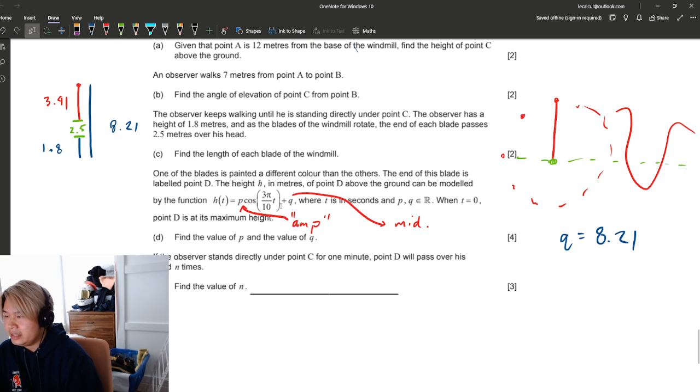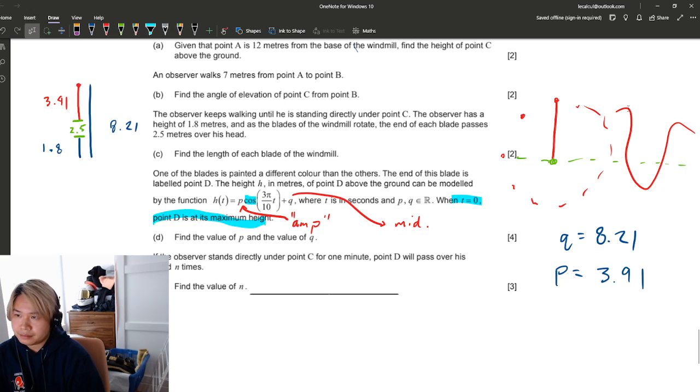And then P is related to your amplitude. What I mean by that is it's going to be the same numerical value as your amplitude. This is your amplitude right here, which is the length of the blade, 3.91. However, it could be positive or negative, and that depends on the other pieces of information. They tell you that at the very beginning, D is at its maximum height, and we also know that this is a cosine graph.